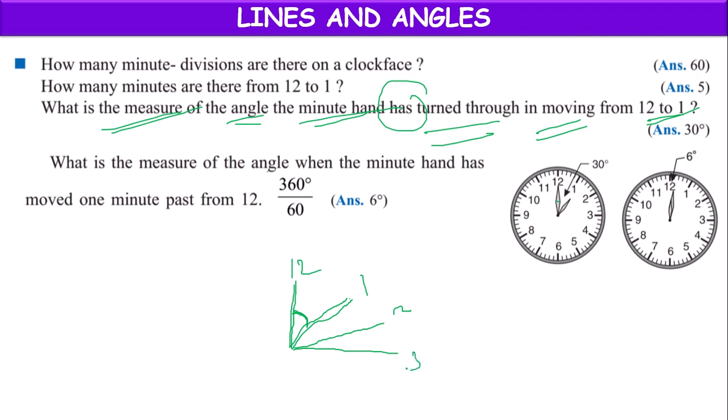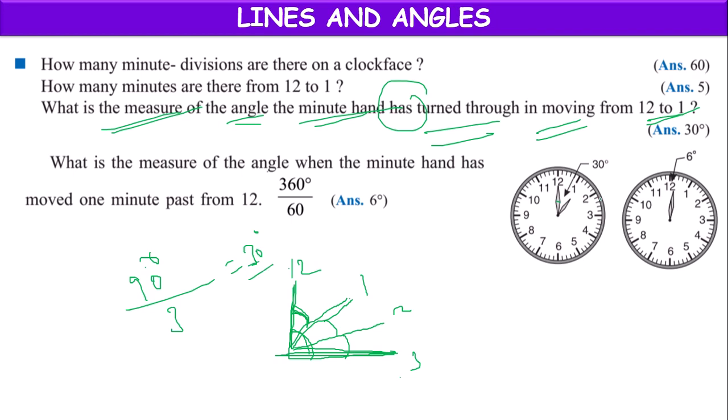This 12 to 3 corresponds to a quarter rotation, 90 degrees. In that 90 degrees arc, 12 to 1 is one part, 1 to 2 another part, 2 to 3 another part. We have 3 parts between 12 and 3, so each part is equal to 30 degrees.